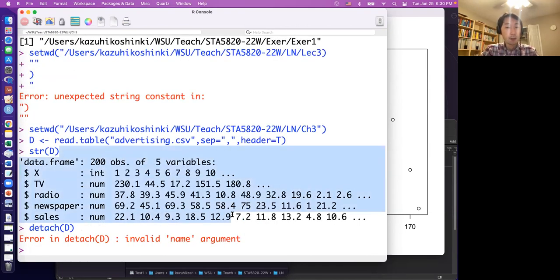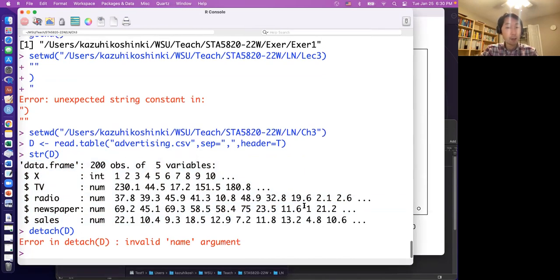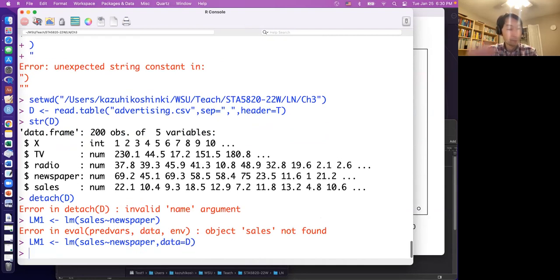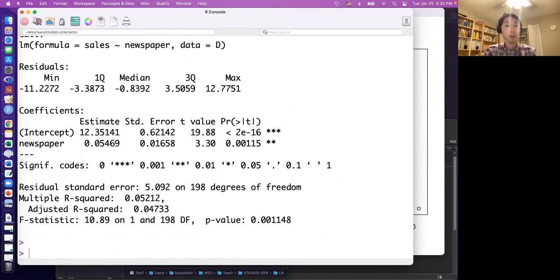Okay, so this data set, we can do some linear regression. Just one example, we fit sales on newspaper. This is LM1. So summary of LM1 gives our estimate.